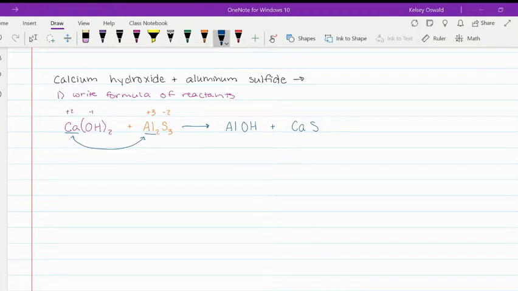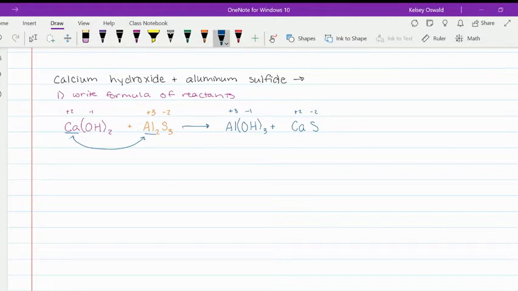We said aluminum was +3 and hydroxide is minus 1. To balance those charges, we're going to need 3 of those minus 1 hydroxides, for a formula of Al(OH)3. Then calcium has a plus 2 charge and sulfur has a minus 2 charge, so that one's already balanced. That one's good to go.